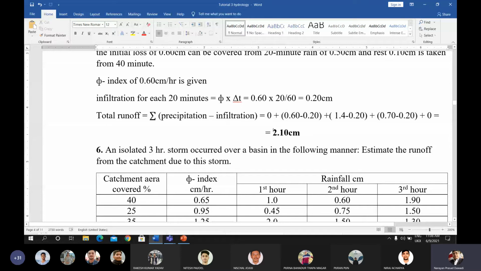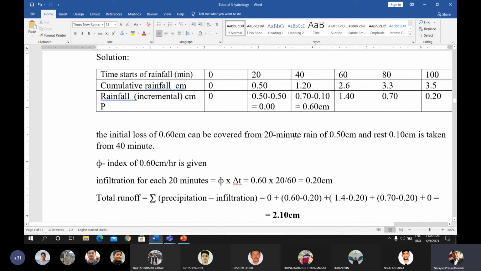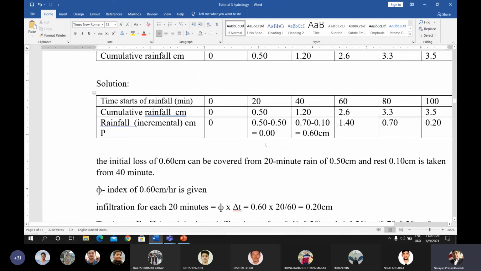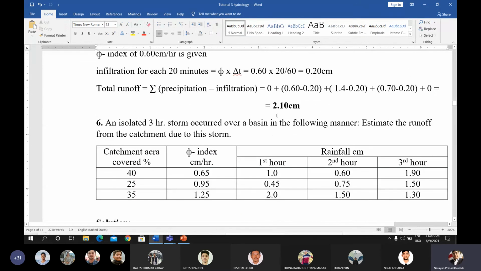I am just calculating the total surface runoff in terms of the depth of runoff, because area is not given.